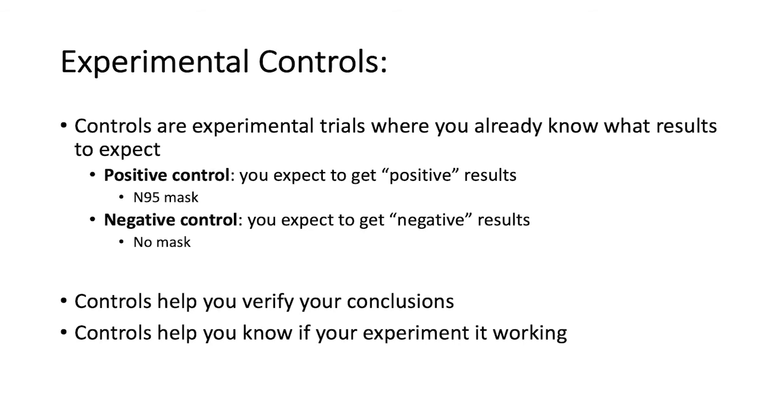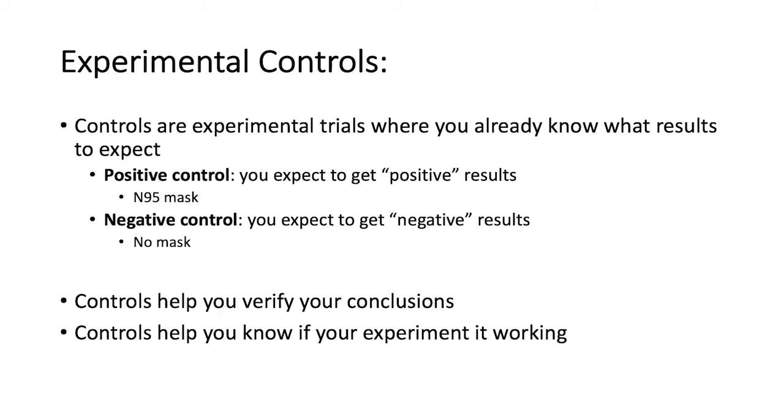And with a negative control, you expect to get negative results. For a negative control, we could use no mask. We expect no mask not to block any viral particles. So if we do our spray test, use our cotton swab on the bench, and we aren't getting lots and lots of viral particles on that bench, then maybe our method for detecting the number of viral particles on the bench is not working properly.